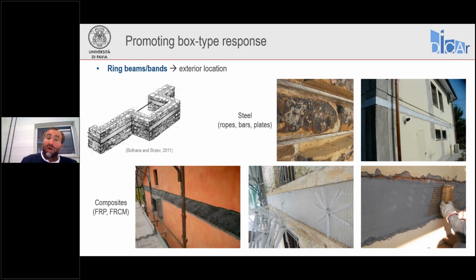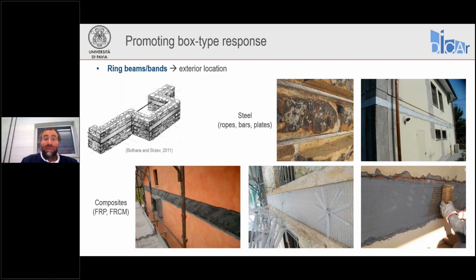We can also locate our ring beams or our bands on the exterior of the building, basically by wrapping the building either with steel rods, ropes, plates, as shown here at the top, or with composite materials, such as FRP or FRCM.